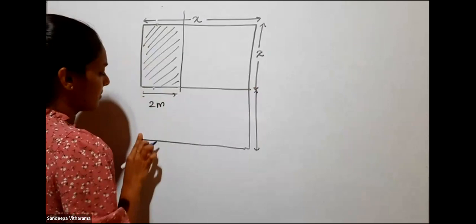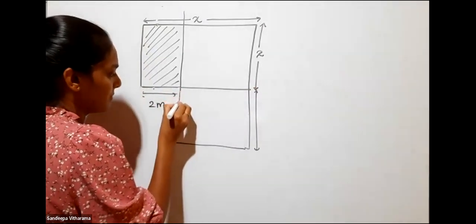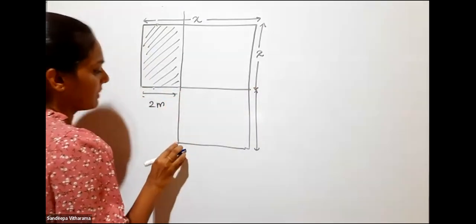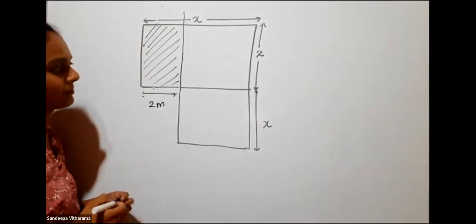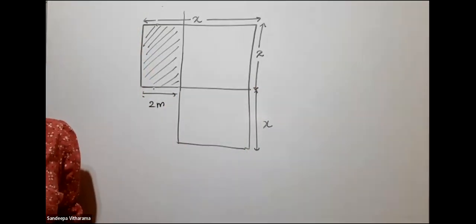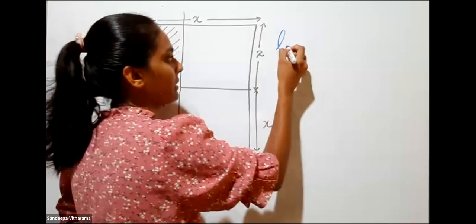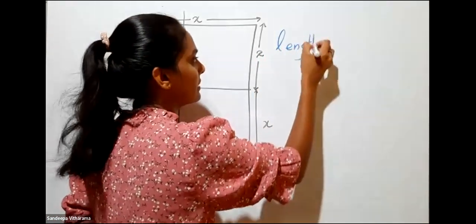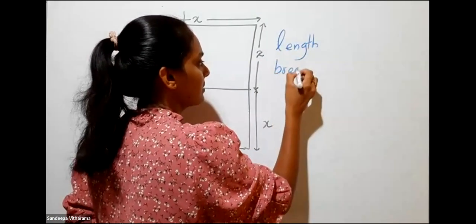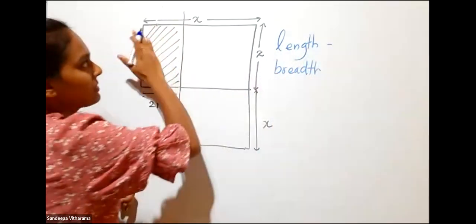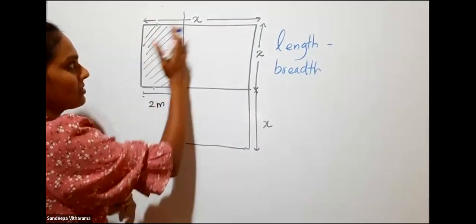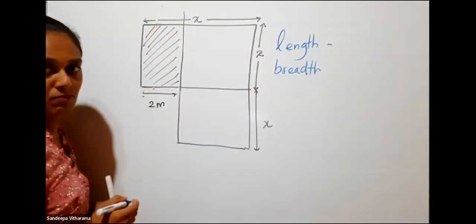Now, can you tell me what is the new length and new breadth? When it comes to length, 2 meters are reduced from the x meters.